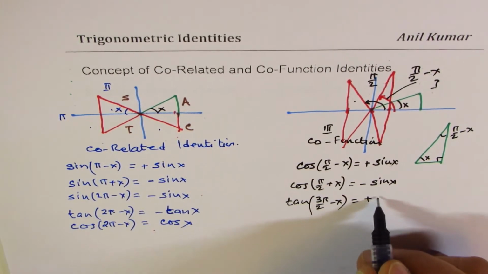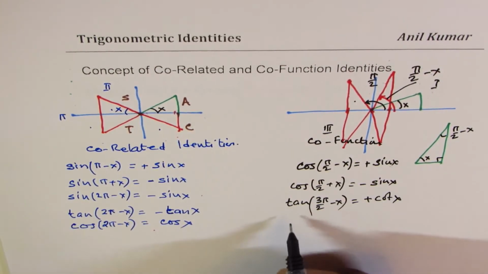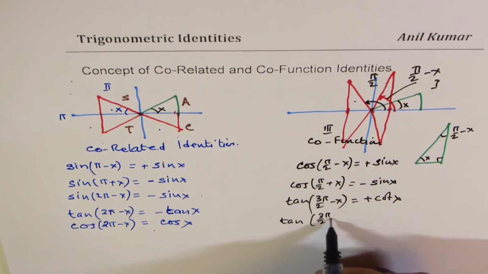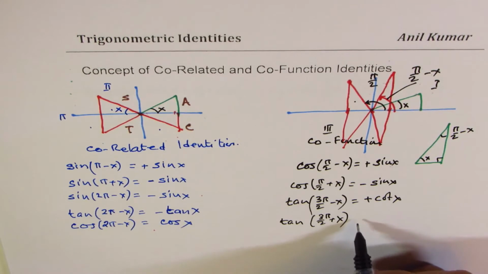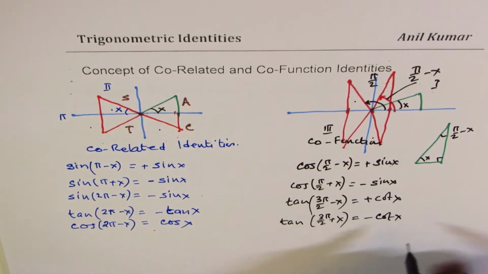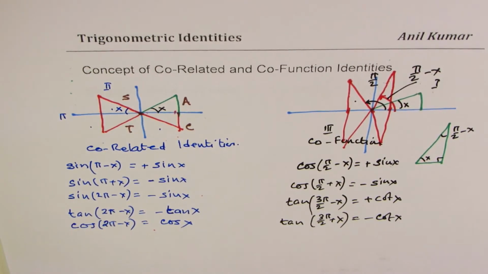So we'll write this as positive cotangent x. But if I do tan of 3 pi by 2 plus x, we'll end up in quadrant 4, where tan is negative. So it becomes negative cotangent x. Do you get an idea? So that is the kind of summary, and based on this, let's take up identities now.